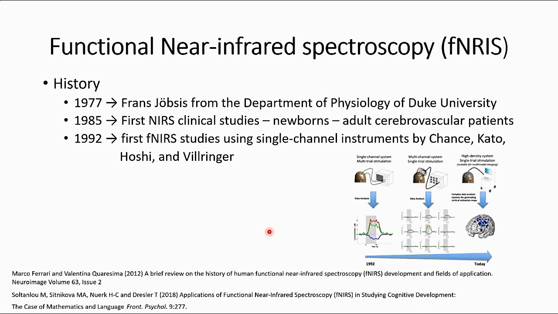Next, I will give you an overview of functional near-infrared spectroscopy. In 1977, Franz Jobsis from the Department of Physiology of Duke University discovered that oxygen contained in the blood gives off light waves close to the infrared range.